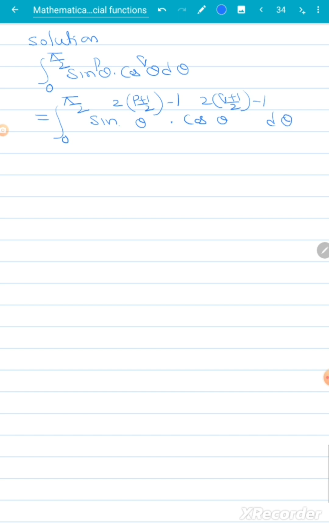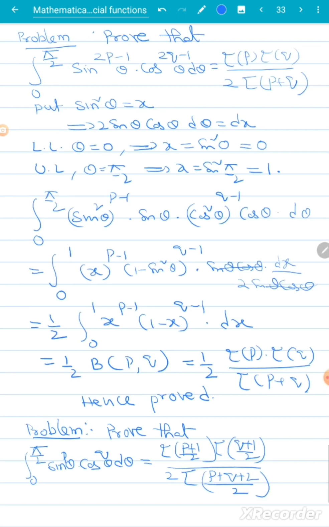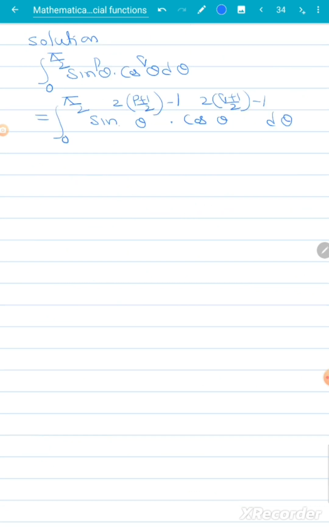So this is in the form of 2p minus 1, 2q minus 1. So it is like in the previous problem, sine to the power of 2p minus 1 theta and cos to the power of 2q minus 1 theta. From that formula, here p is (p plus 1) by 2, q is (q plus 1) by 2.